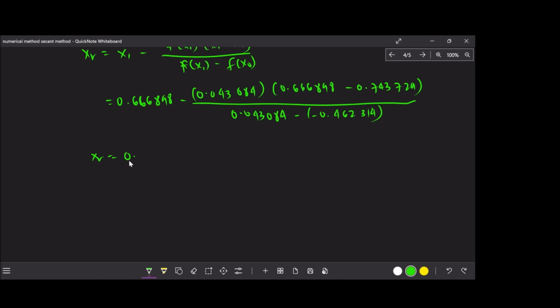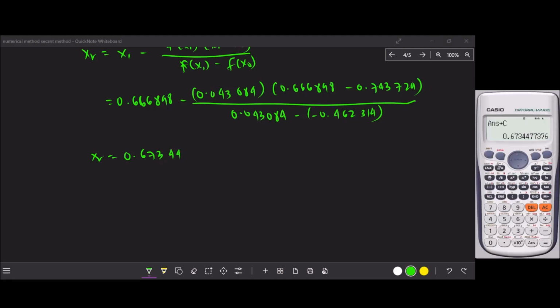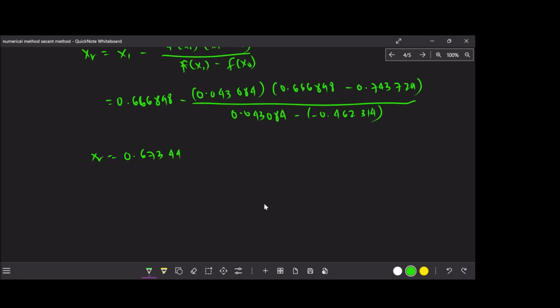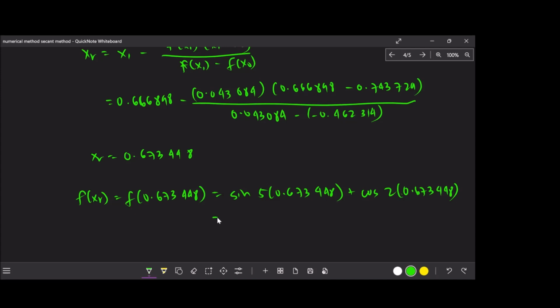So solving now for our new xr, this is equal to sine 5 times 0.673448 plus cosine 2 times 0.673448.